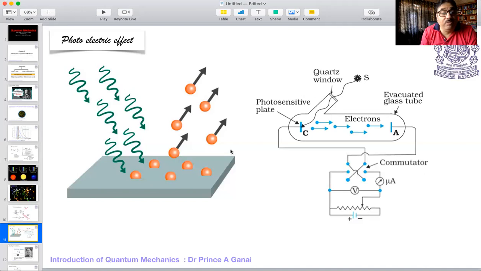Einstein said that if you believe that light is moving in the form of particles called photons, and each photon has energy h nu, then when they strike electrons, they strike like particles colliding with electrons and giving their entire energy to the electrons.